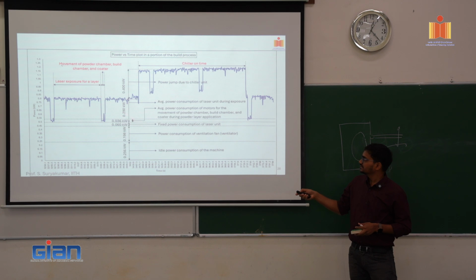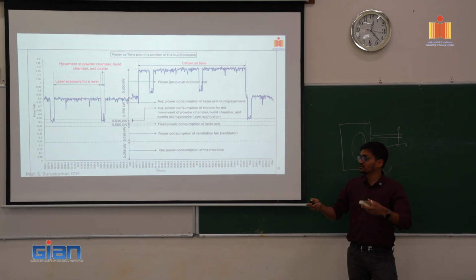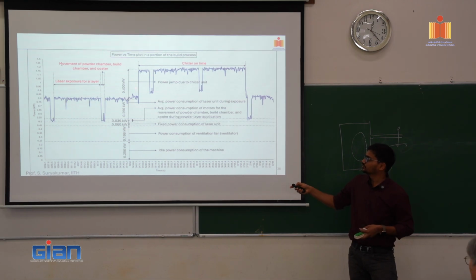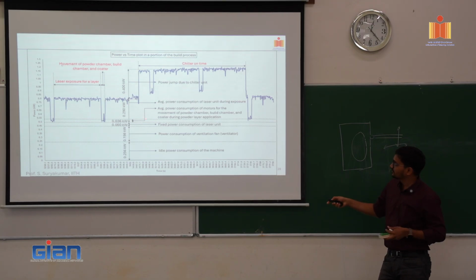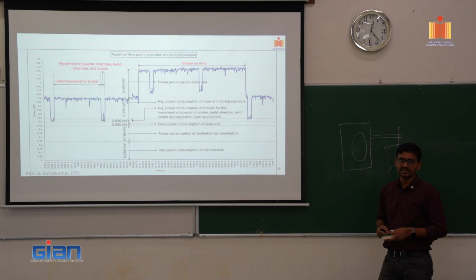This component here is when the laser is actually operating, when the laser is on and you are actually doing the additive manufacturing. So this is the process energy component. And if you run the chiller unit to cool it down, the chiller unit takes a huge amount of energy. If you look at the laser unit consumption, it is almost similar to the idle power consumption or the consumption of the ventilation fan.